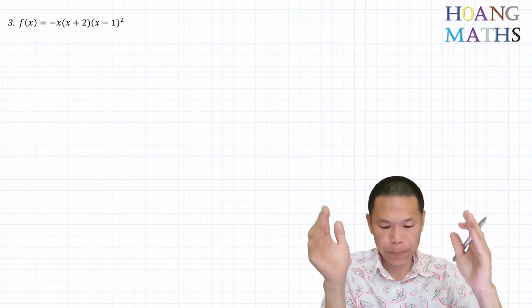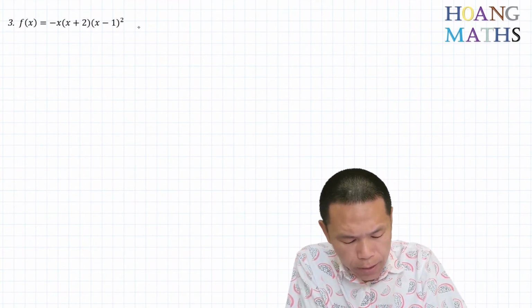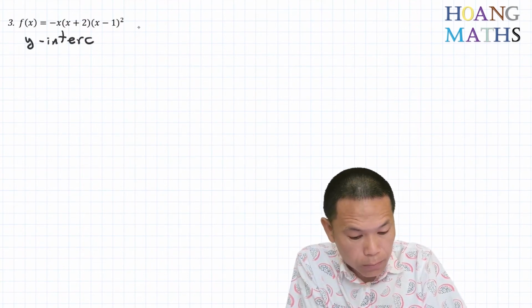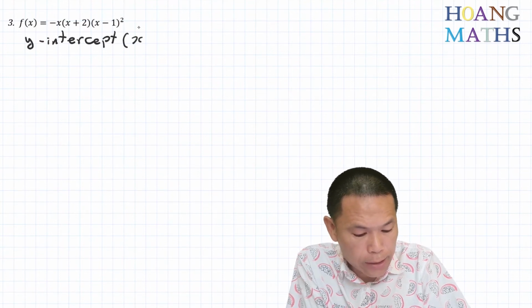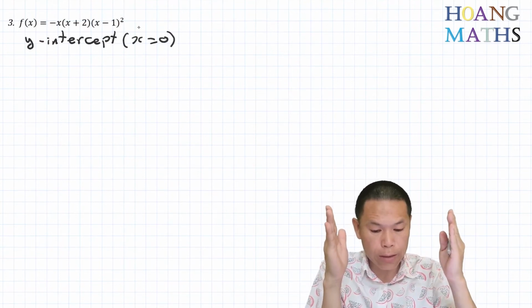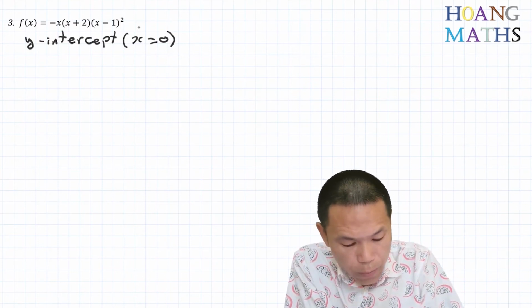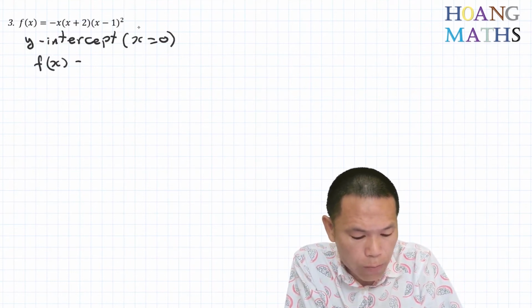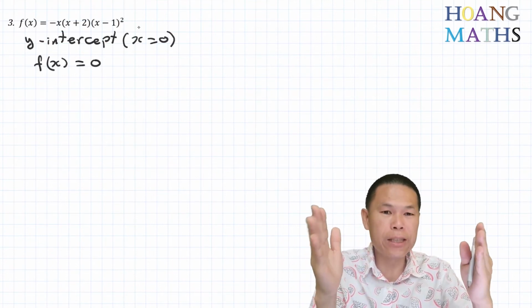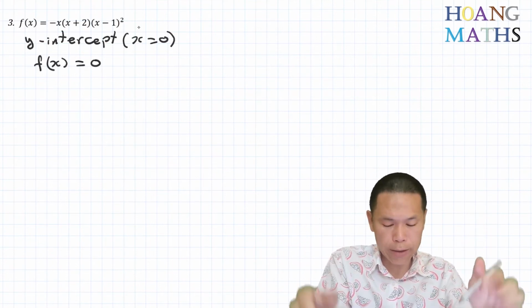Second last one. So y-intercept, that means x is 0. So that means y equals 0 when x equals 0. So that means, you can write f(x) equals 0. So you can write f(x) equals 0 or y equals 0, doesn't really matter, okay?